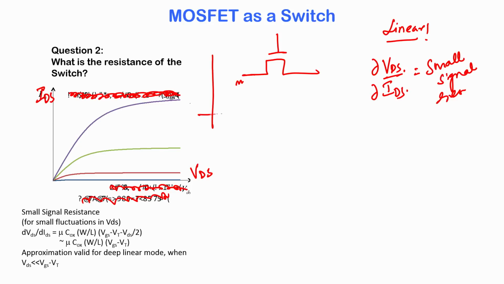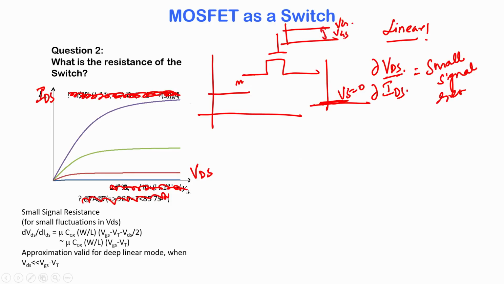After you have set all the DC voltages, the source is at ground, the gate is at some voltage so that you have a certain VGS, and the drain is at some voltage so that you have a certain VDS, and this VDS is less than VGS minus VT.